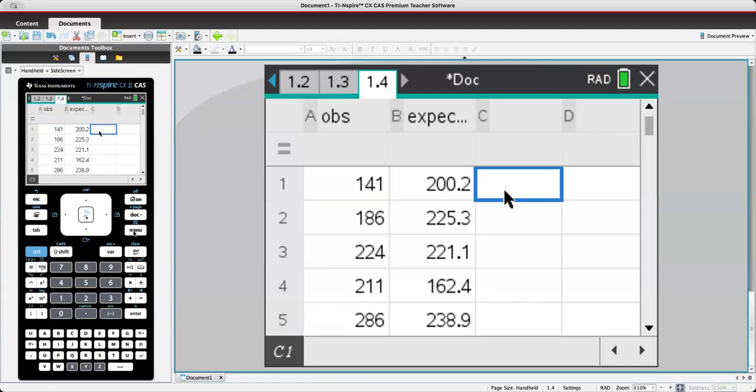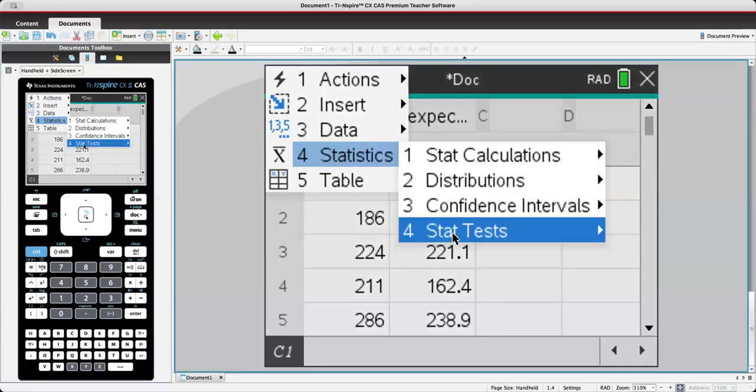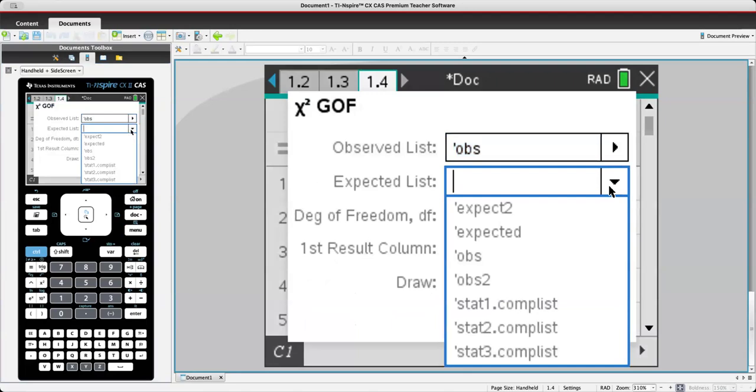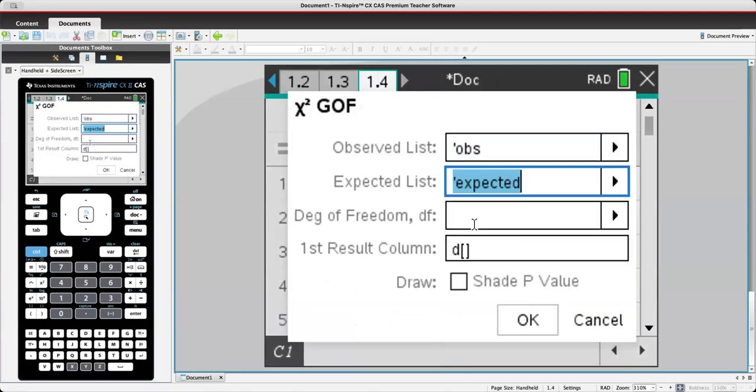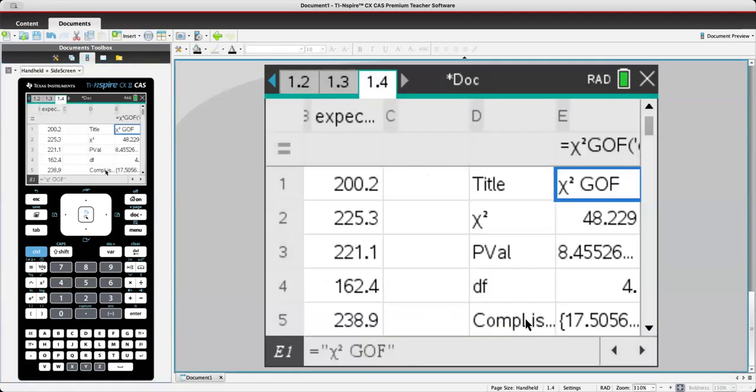I'm going to go to menu, statistics, stat tests, and chi-squared GOF. Observed, this is expected, and degrees of freedom of 4. I got 48.229 for my test statistic.